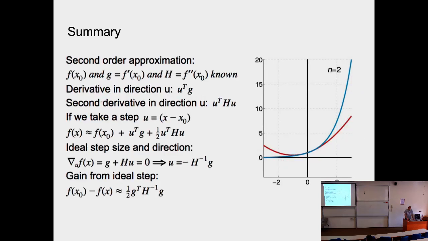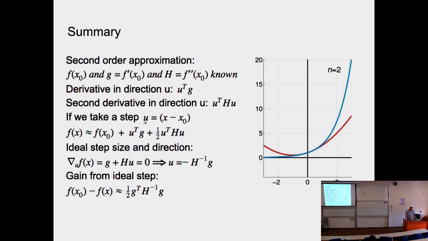Okay, here is the summary for the second order approximation. So now we have both f prime and f double prime. We still have directional derivatives u transpose g, and we also have directional second derivatives u transpose Hu. Okay, so that gives us the gradient and curvature in any direction that we want to move in.